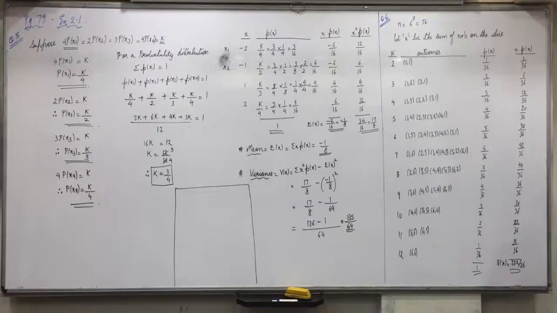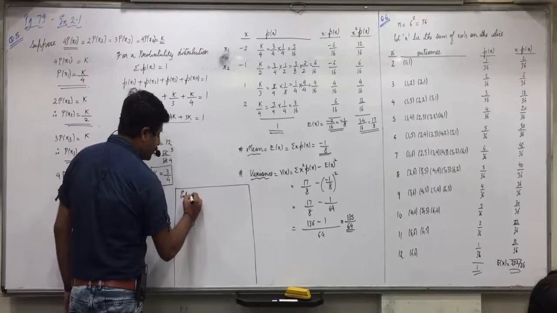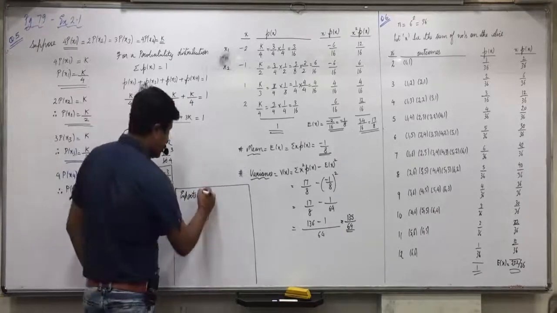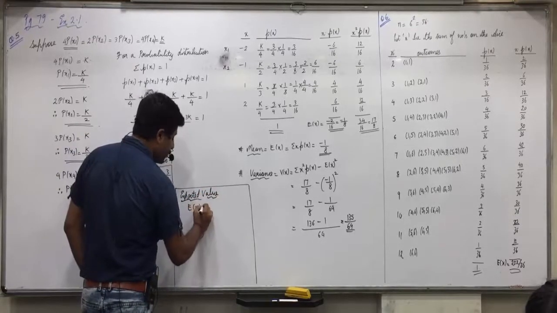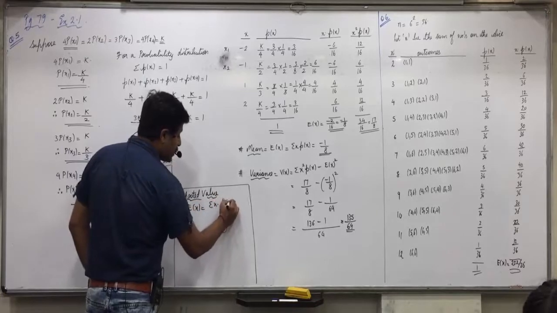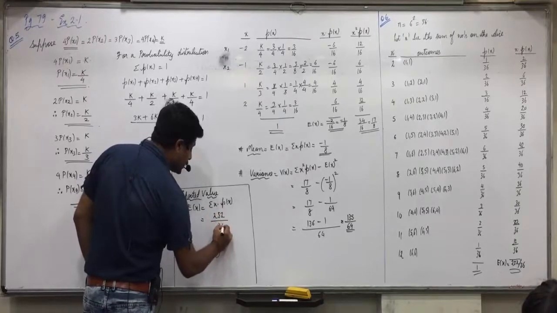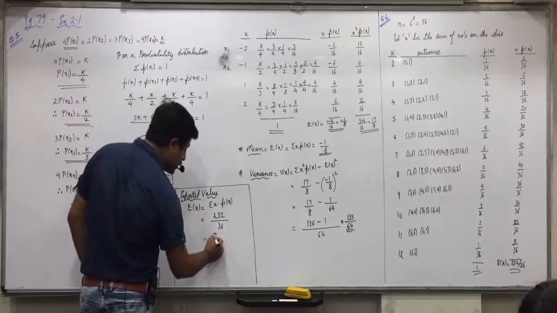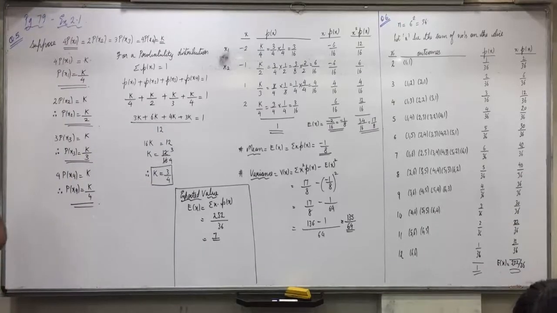So write down expected value: E(X) is equal to sigma x into P(x), which is 252 by 36. I think it's directly divisible. Directly do 252 divided by 36. 7. So 7 is the expected value. Did you all understand this question, everyone?